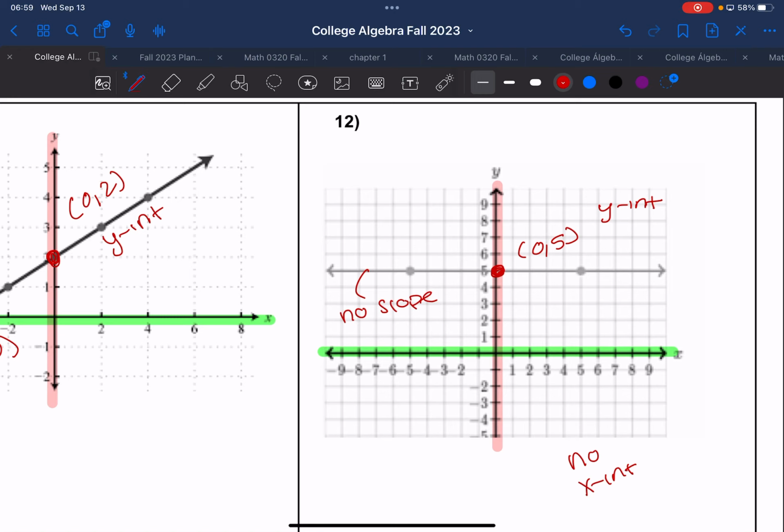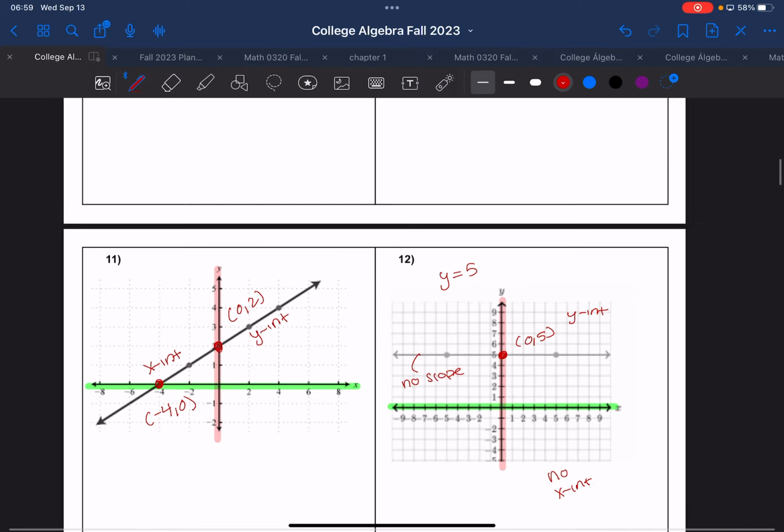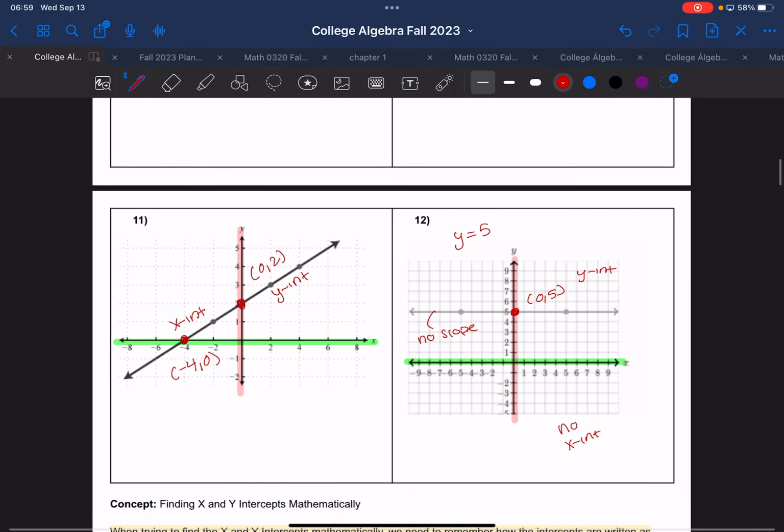So since this has no slope, we know the y-intercept. Who could tell me what the equation to this is? Y equals 5. Okay. Good. Any questions on this concept? Finding x and y from a graph.